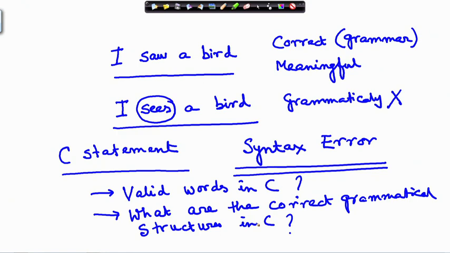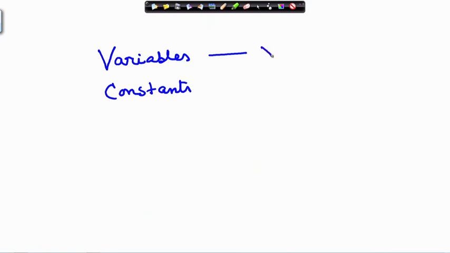So, given this, we will start looking at C programs. Even before that, we once again recapitulate whatever we are expressing. We are expressing them using some variables, constants, right? And the variables, we have shown x, y, z, etc., as variables.